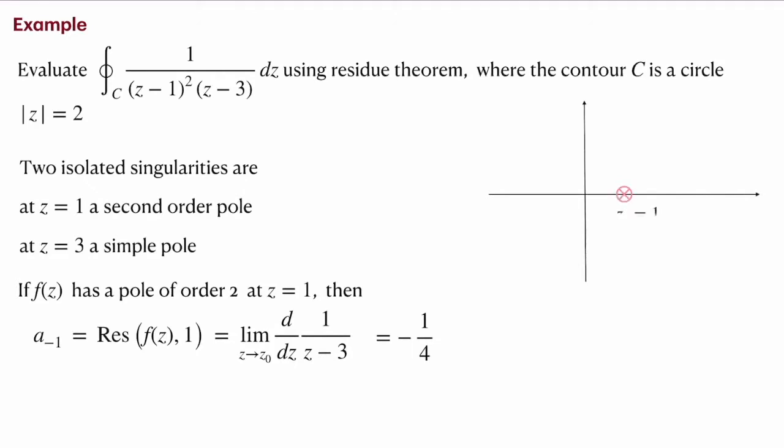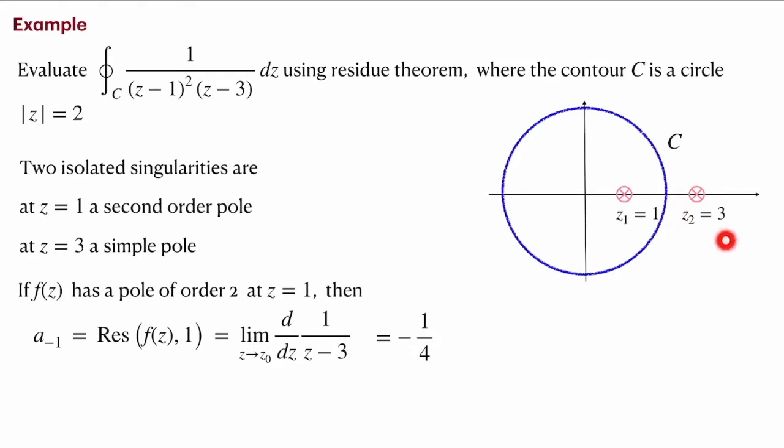We have two singularities, at z equal to 1 and at z equal to 3, which is a simple pole. Our contour, mod z equal to 2, is a circle of radius 2 around the origin. So we clearly see that z equal to 3 is outside this contour and we need not worry about it. We just need the residue at the point z equal to 1.